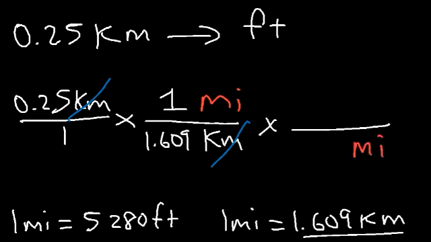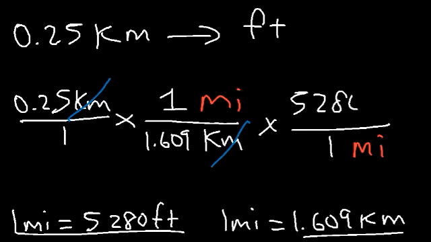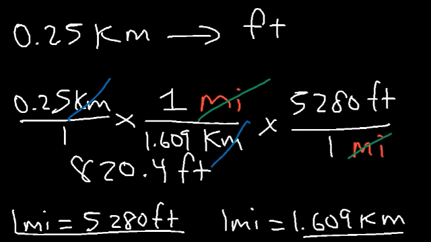So we got to put the unit miles on the bottom. 1 mile is equal to 5,280 feet. And so the unit miles cancel. And this is going to give us the answer in feet. So it's 0.25 divided by 1.609 times 5280. And you should get 820.4 feet.